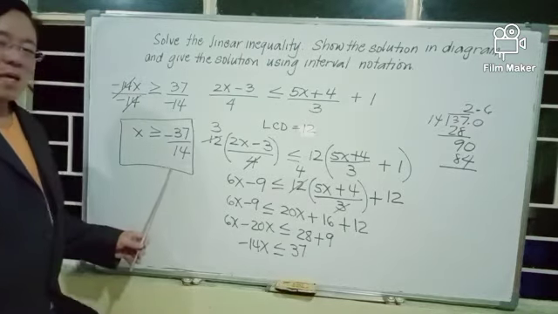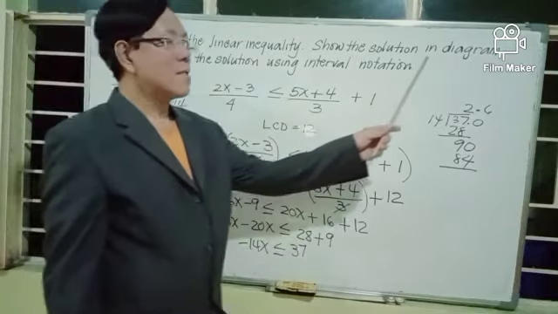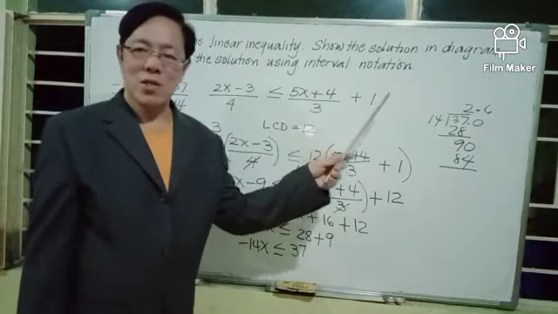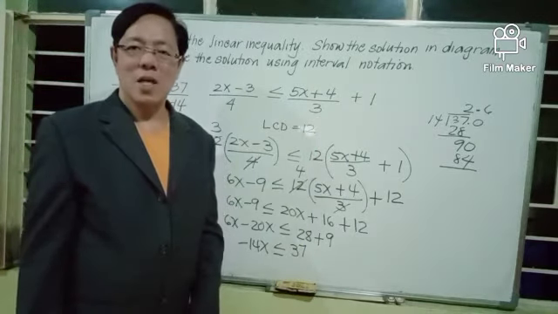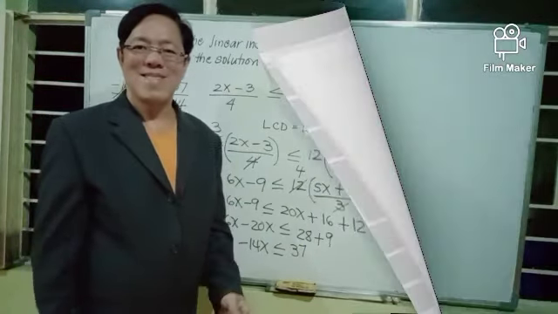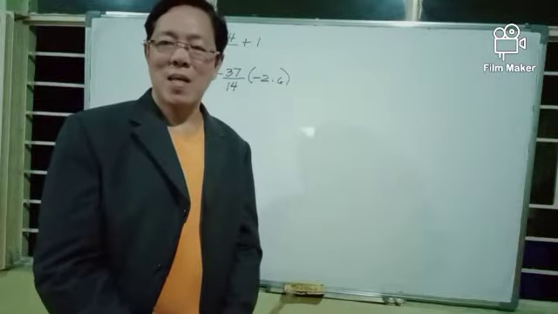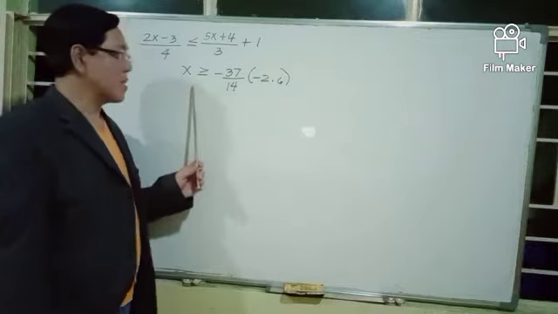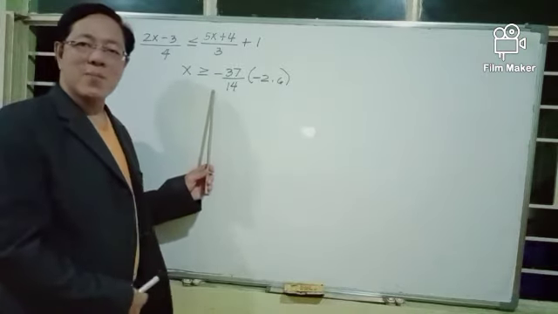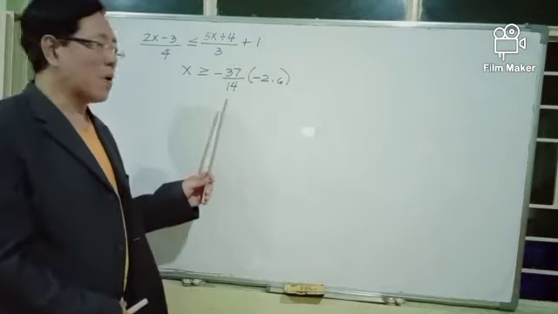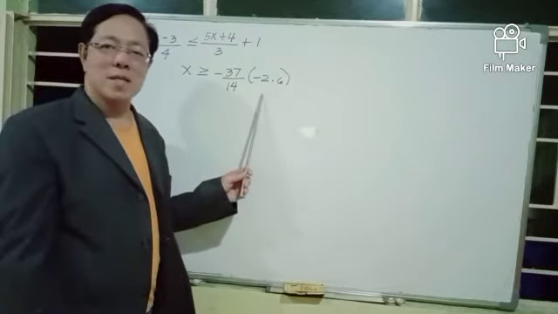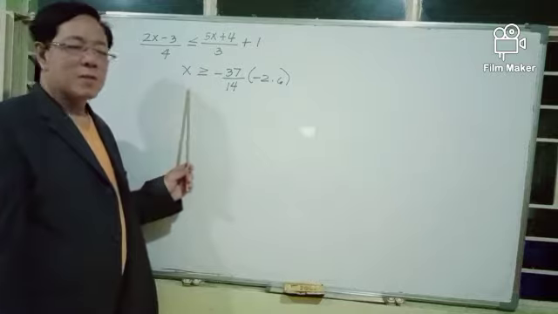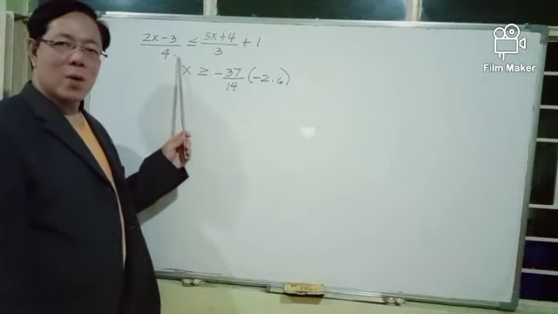We will now represent this in a diagram, and we will give the solution in interval notation, and we will also check. We now represent in a diagram the solution we obtained, which is x greater than or equal to negative 37 over 14, or approximately negative 2.6. This is the solution of the given linear inequality.